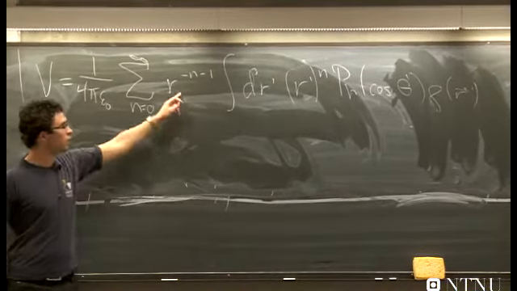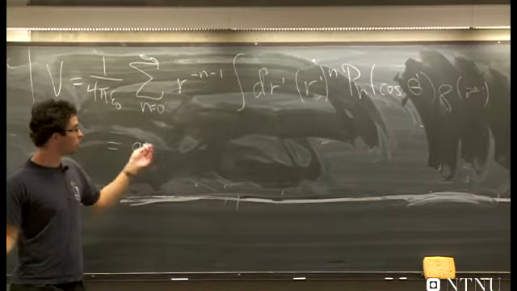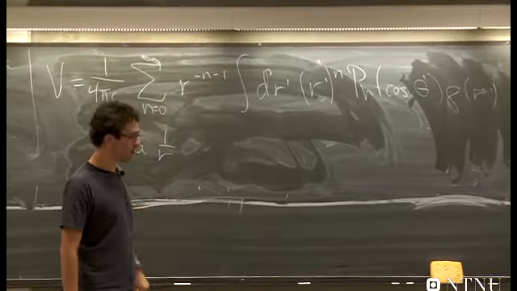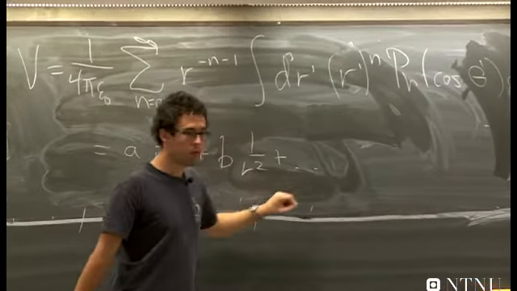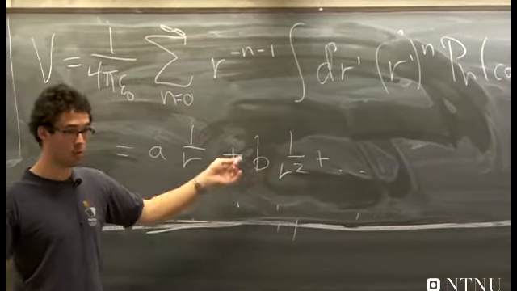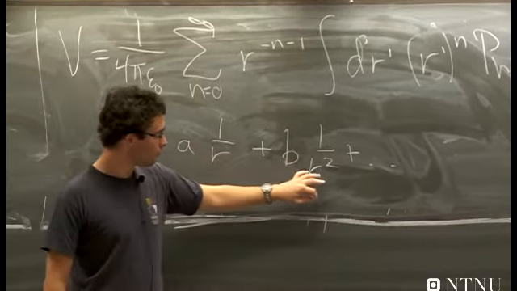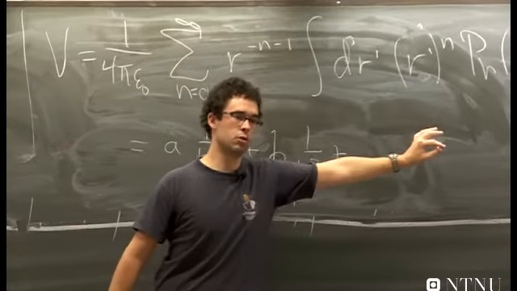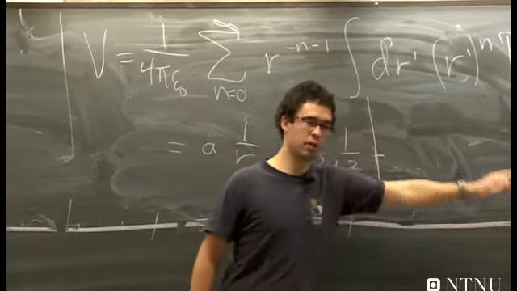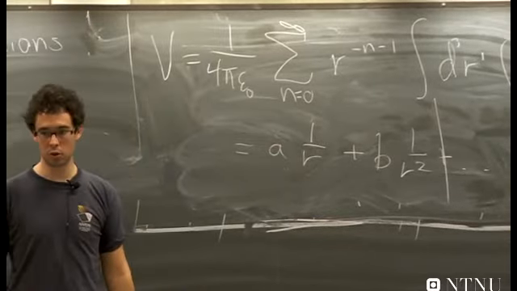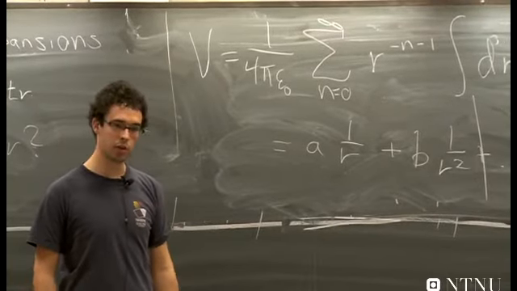So as I increase n here, the terms should get smaller and smaller at large r, because this is essentially some constant which we can calculate times 1 over r. It could be 0. And then some constant times 1 over r squared, which could also be 0, but might not be. And as r becomes large, the next terms become really, really small. So hopefully we could just stop here, throw away the rest, and the first few terms will be a good approximation. That's the goal here, and I think we reached that goal by getting this series.